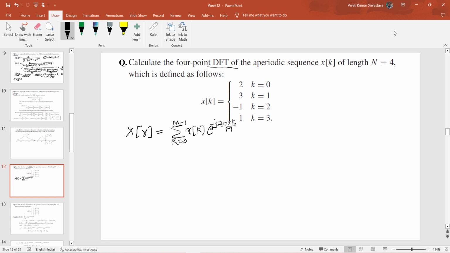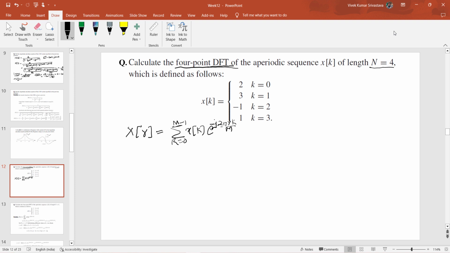Here in the problem itself, it states that we have to determine the 4-point discrete Fourier transform, that is the frequency in the Fourier transform, which we have determined from DTFT. We basically have to sample this frequency for four different points, that is n is equal to 4.